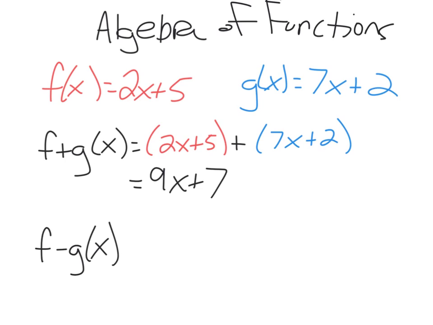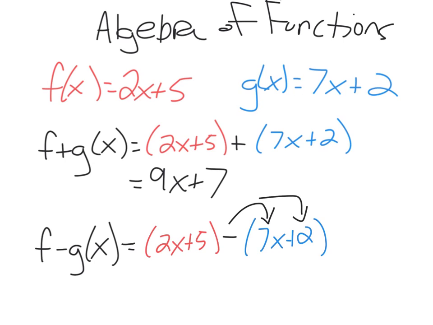So, again, this is going to be 2x plus 5. Now we are subtracting 7x plus 2. Okay, and so why does this one matter now? Yeah, okay, so basically what she's saying is we got to distribute this negative to both of these things.